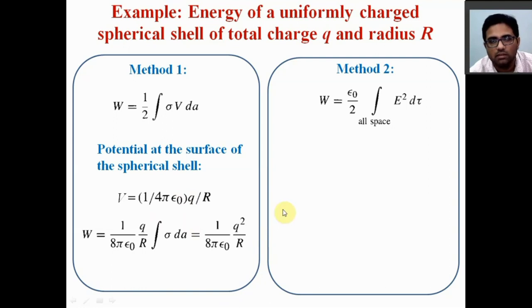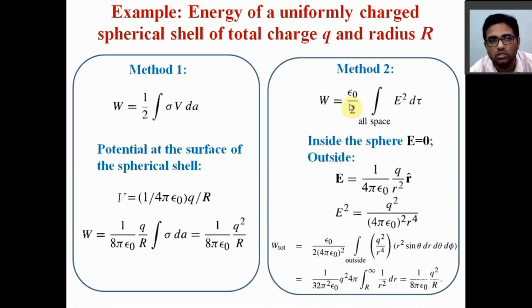Now in the second method, we will use this form of electrostatic energy. Now inside the spherical shell, you know the electric field is 0, right? But outside we have finite electric field, and this is the form of the electric field, right?